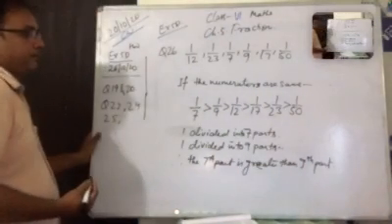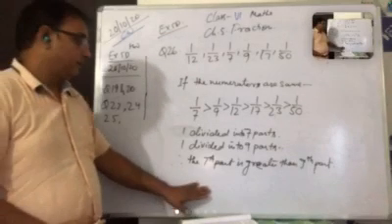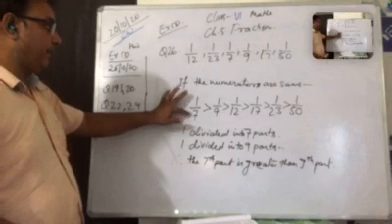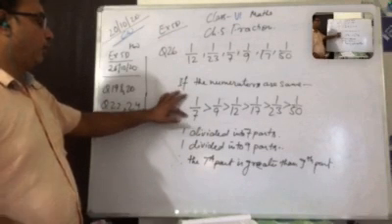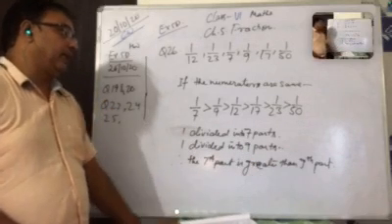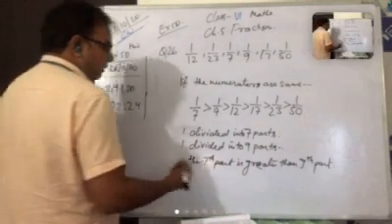Clear? Seventh part, because this is seventh. 1/7 means this is the seventh. This is the ninth. So basically the seventh part is greater than the ninth part.